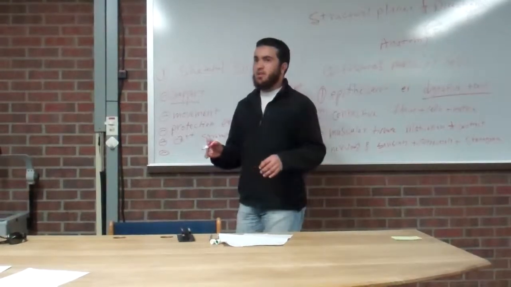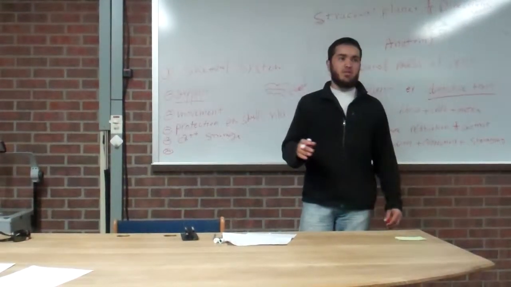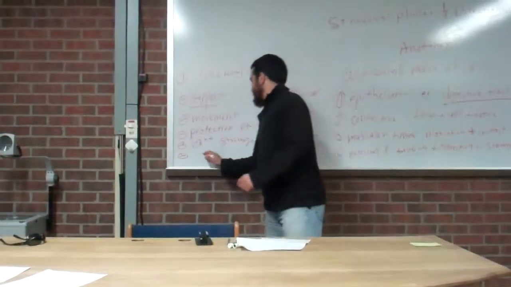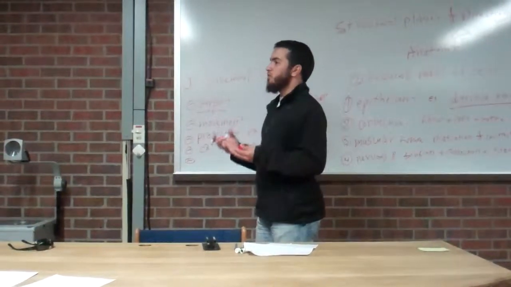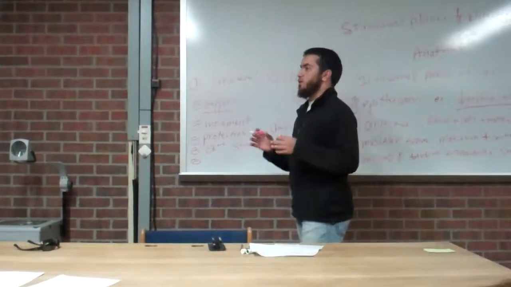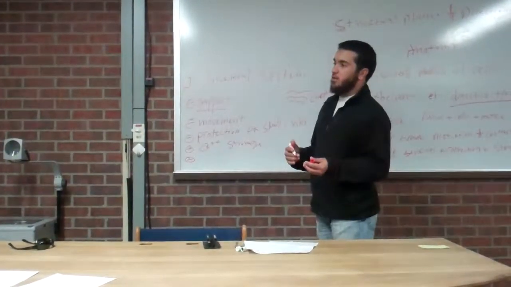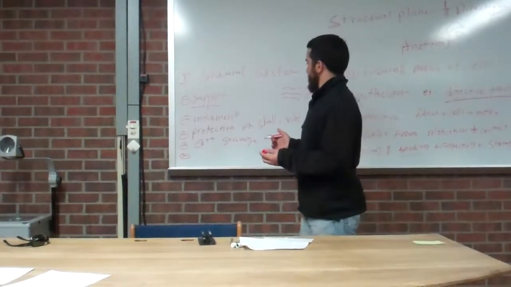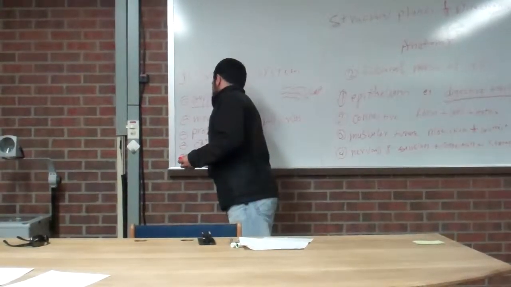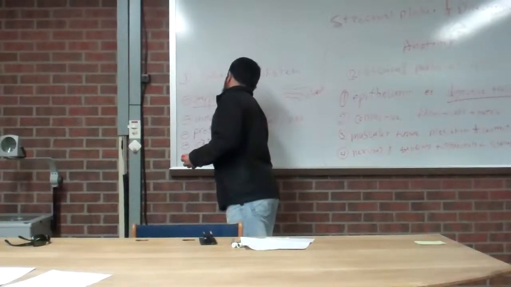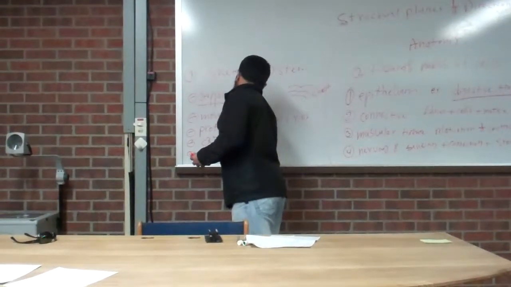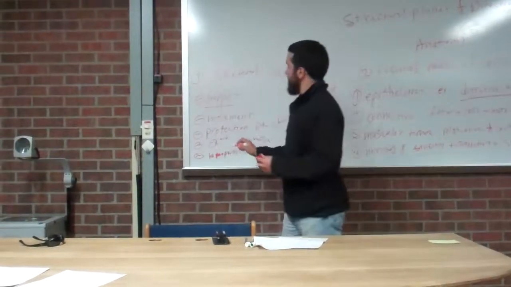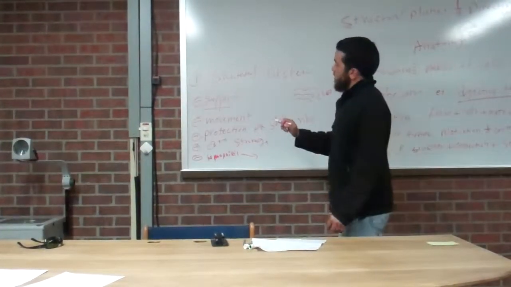I think everybody here knows about the red blood cells. The formation, or the process in which red blood cells form, is called hemopoiesis. So the last function of the skeletal system is hemopoiesis.